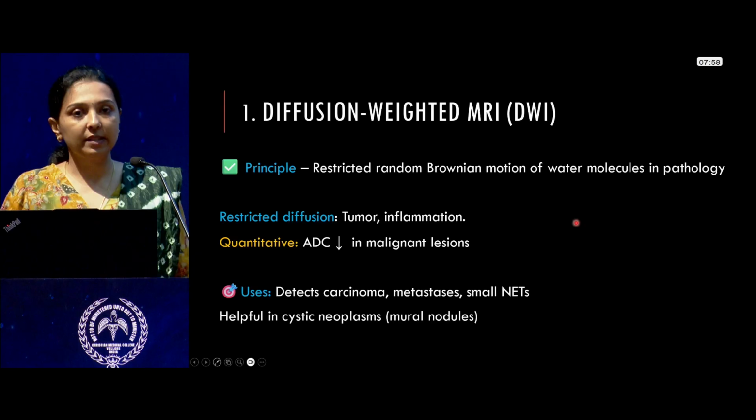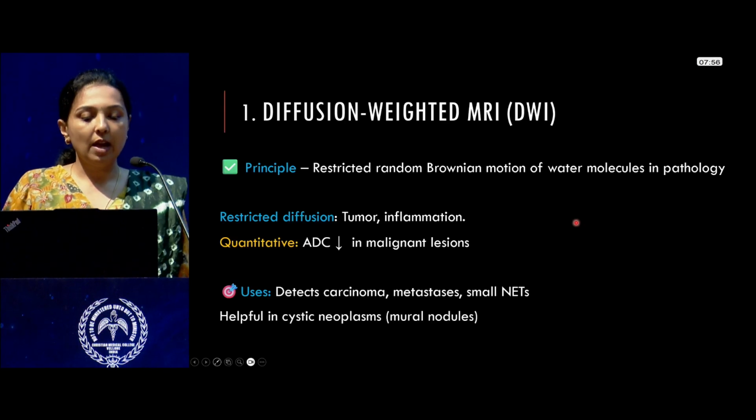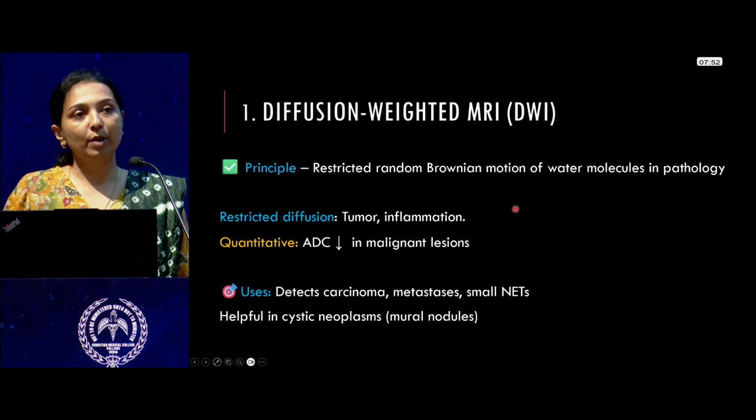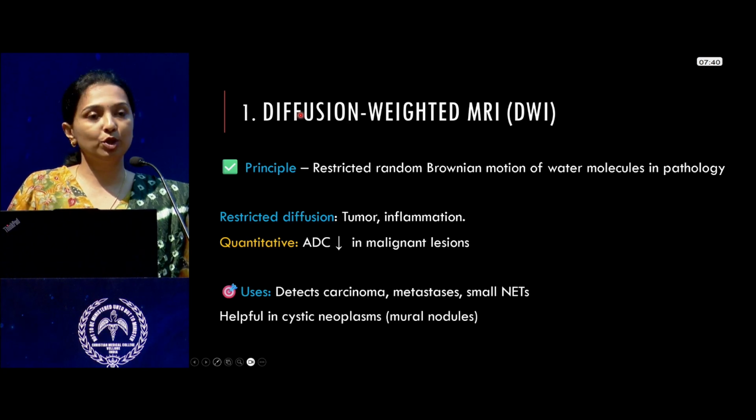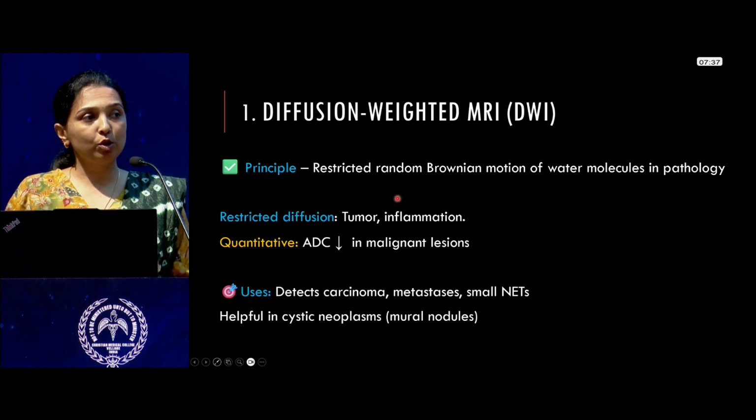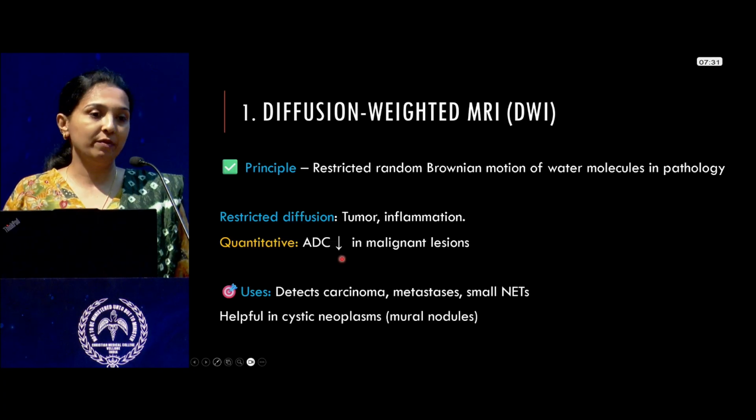The principle is that normally all tissues demonstrate random Brownian movement of water molecules, and whenever there is pathology, this movement is restricted, for example in tumor or inflammation, and we can detect it using diffusion weighted imaging. And we can also quantitatively measure it using a parameter called ADC. This is apparent diffusion coefficient.